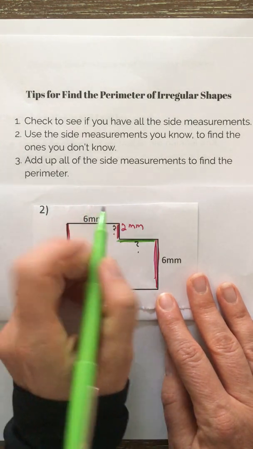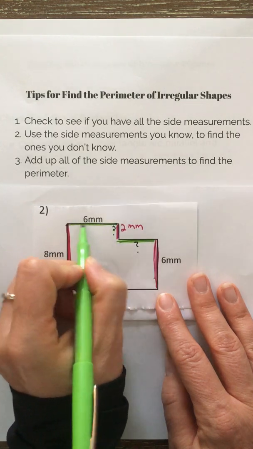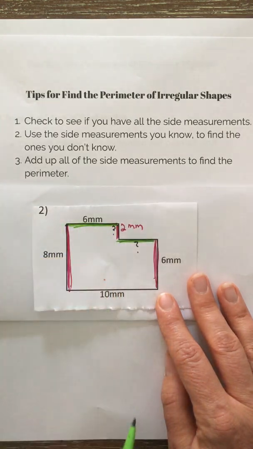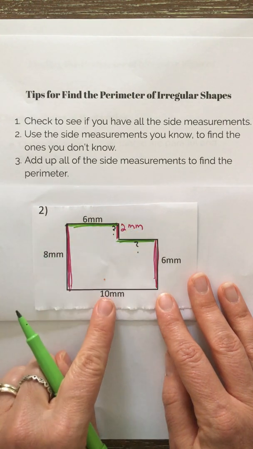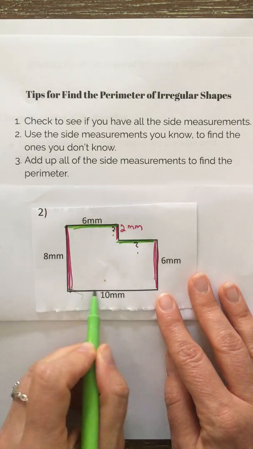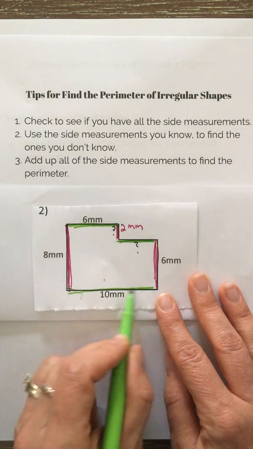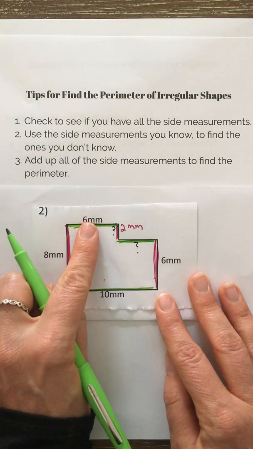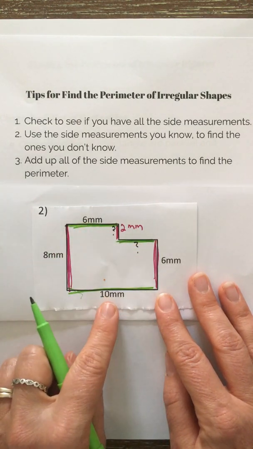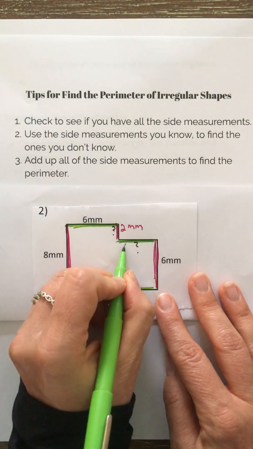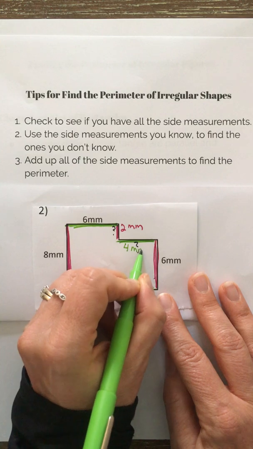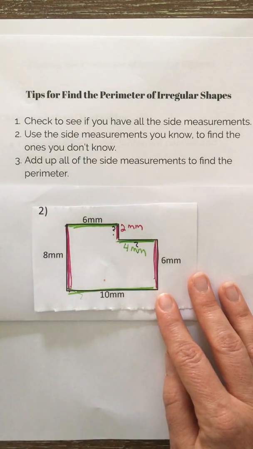So I'm going to highlight this other horizontal line green. So this one and this one, when I put them together, should equal its opposite side, which is 10 millimeters. So 6 plus what number will give me 10? Well, I know 6 plus 4 will give me 10. So 4 millimeters is my other missing side length. Now I've finished finding all of my missing sides.